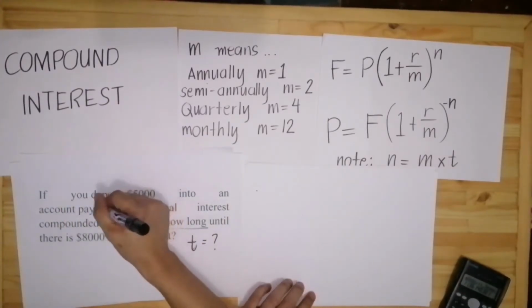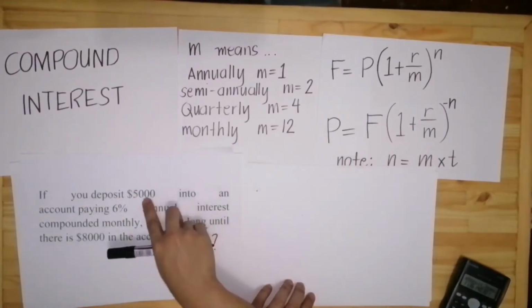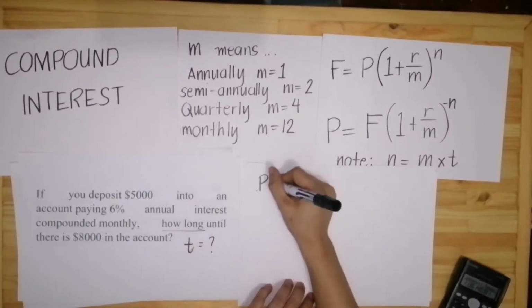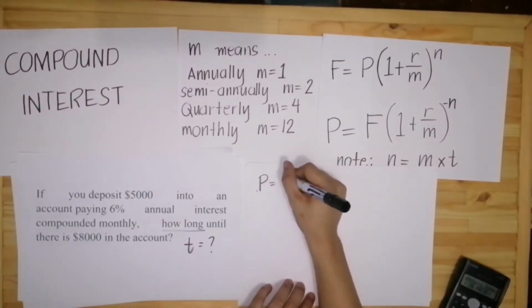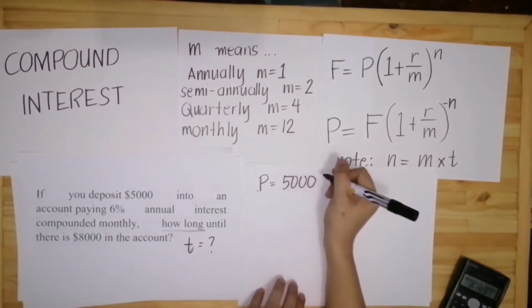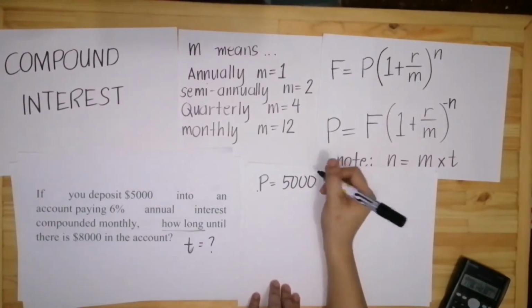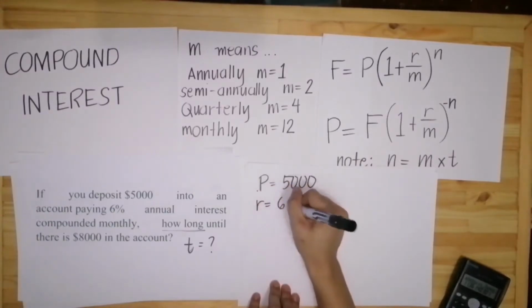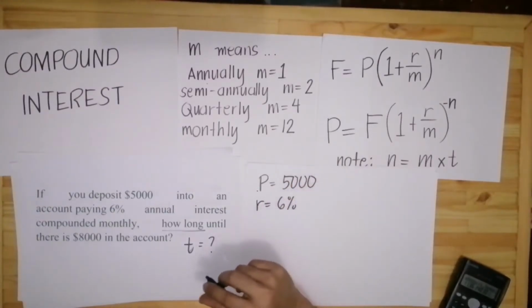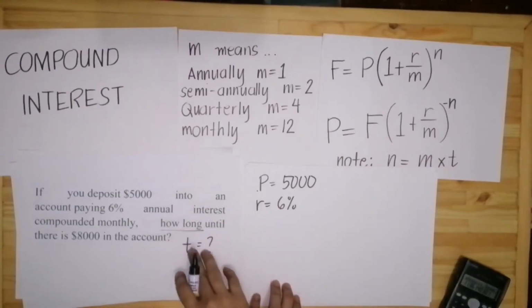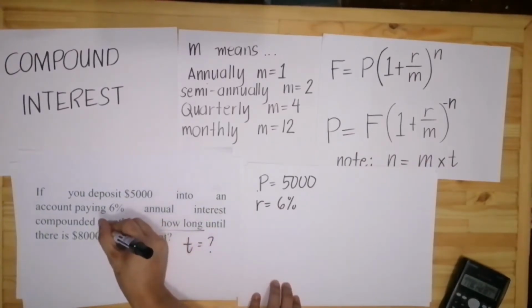If you deposit na naman, nag-deposit yung 5,000. So, 5,000 would be the deposited value or the present value or the principal amount. Then, account paying 6%. So, rate natin ay 6%. Next, annual compounded monthly.